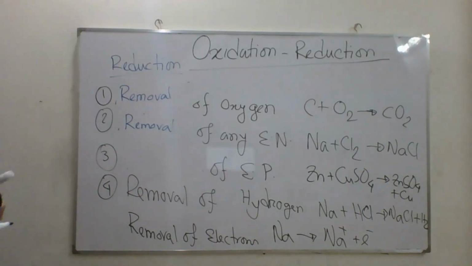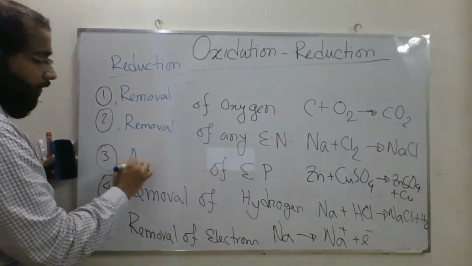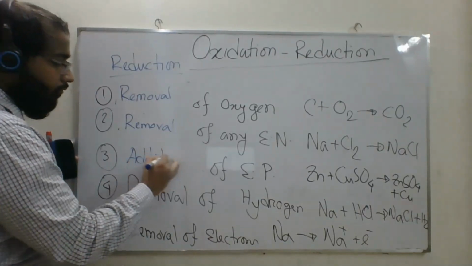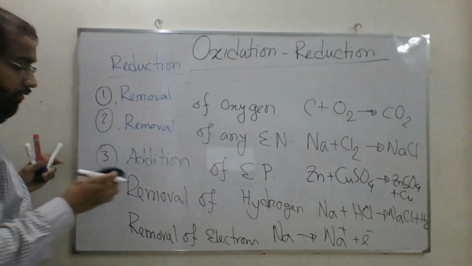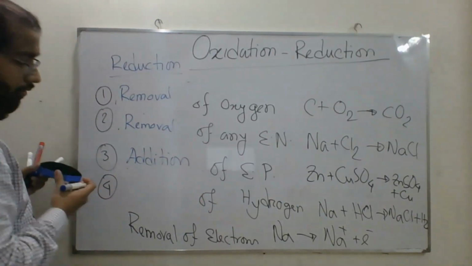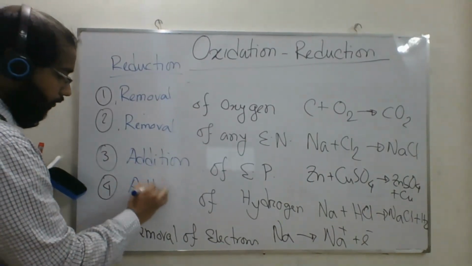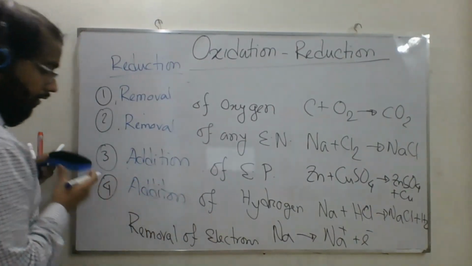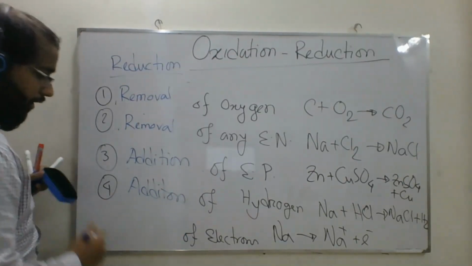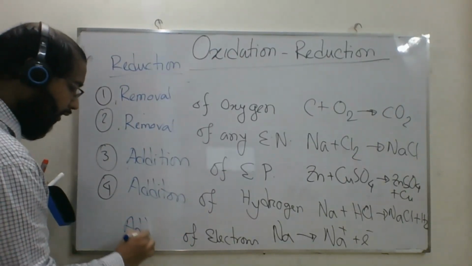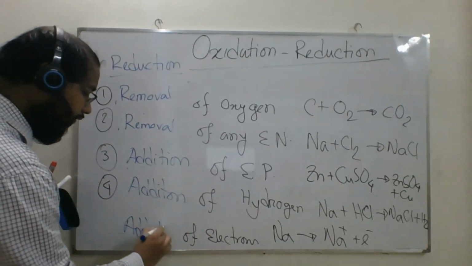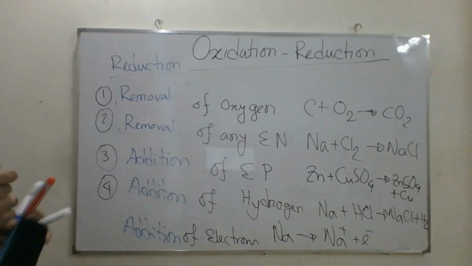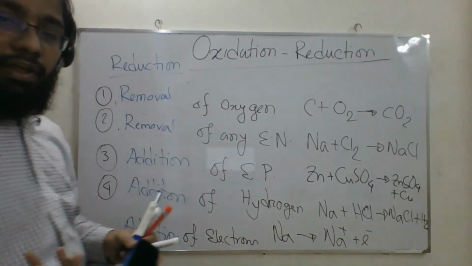All the removals will become addition. That means addition of electropositive element, and addition of hydrogen. Now you see, if you remember oxidation only, then it is easy to remember the reduction.